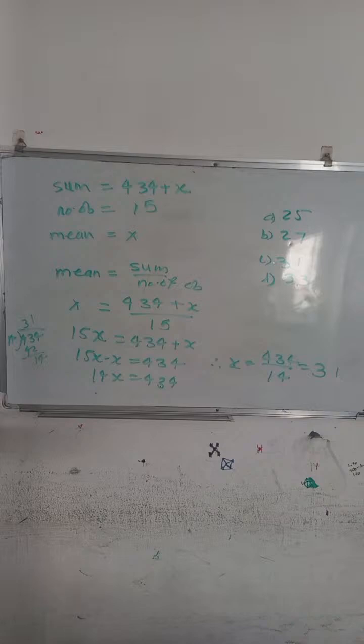Now write down the next question. Here the answer is 31. See, I am doing the calculation, so I am expecting you also to do the calculation in the exam and write the correct answer.